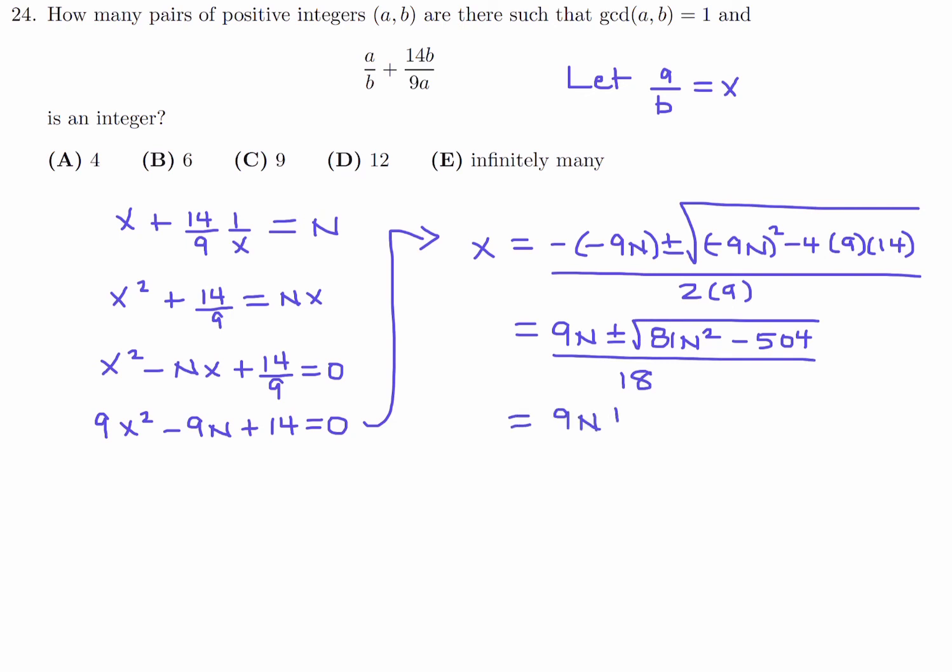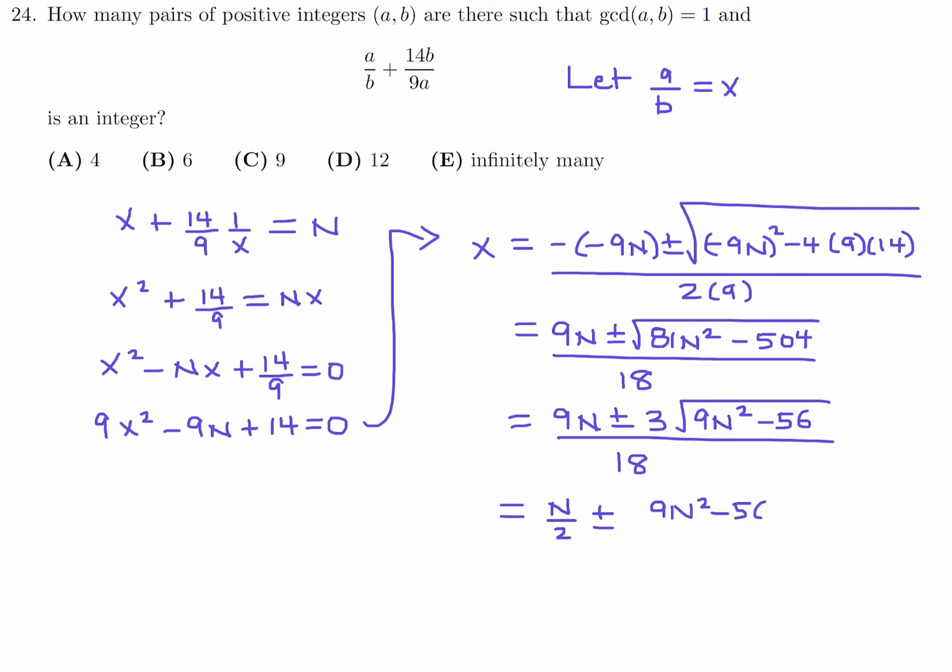I can factor out a 9, so that brings the 3 out of the radical. And what's left is 9n squared minus 56 all over 18. And if you break this up, it'll be just n over 2 plus or minus the square root of 9n squared minus 56 over 6.